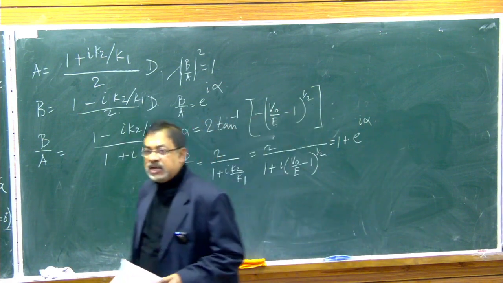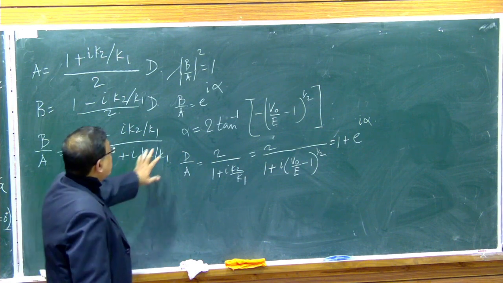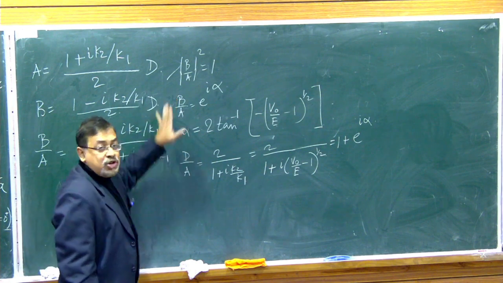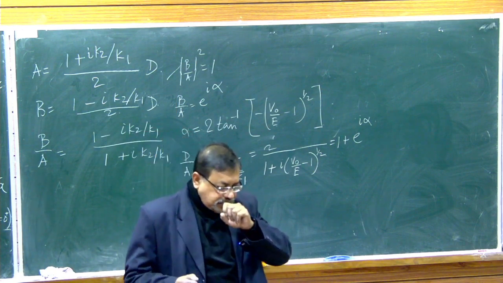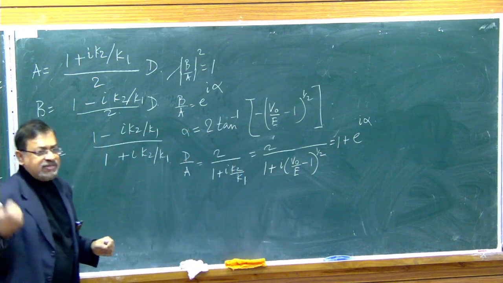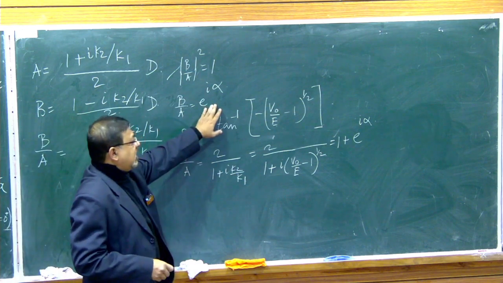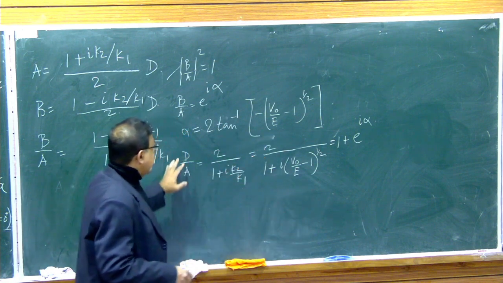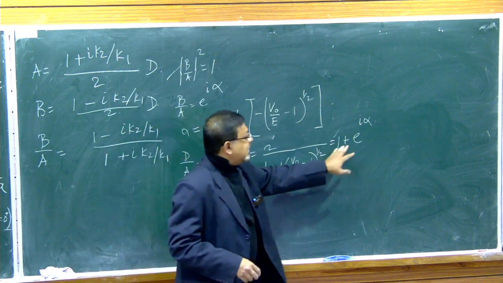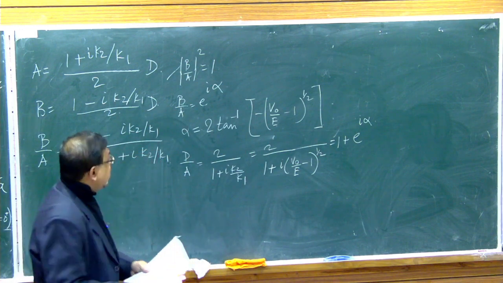Please do that, then you will get satisfaction that you have learned this. So your ratio of the coefficients B by A, that's the ratio on the left of the discontinuity, is exponential I alpha. Alpha is given by this, and D by A is 1 plus exponential I alpha.